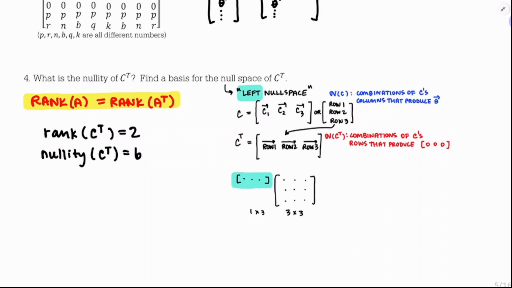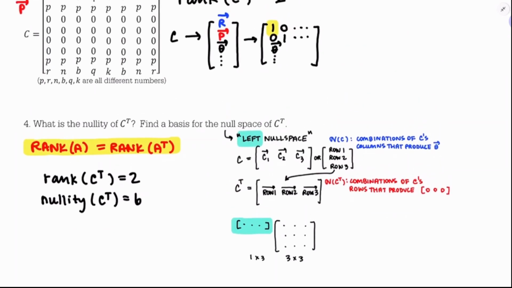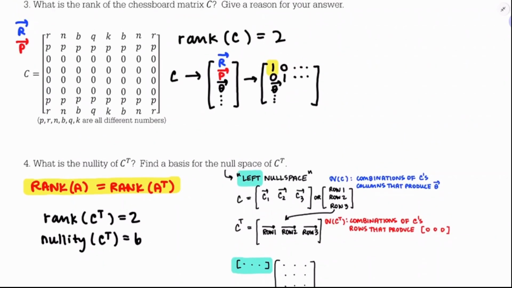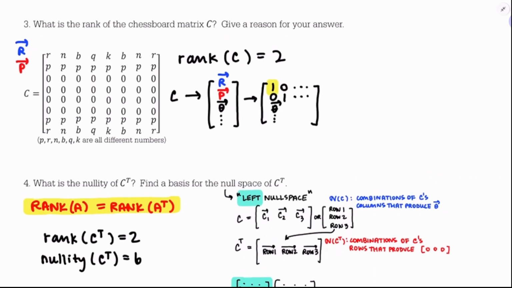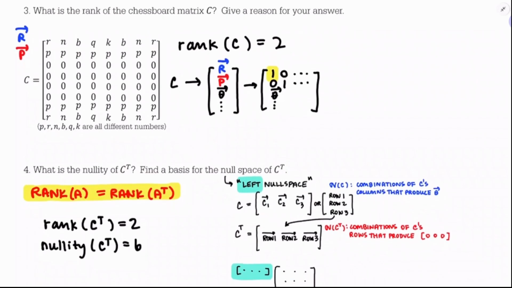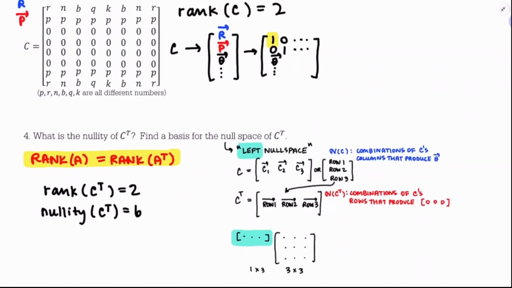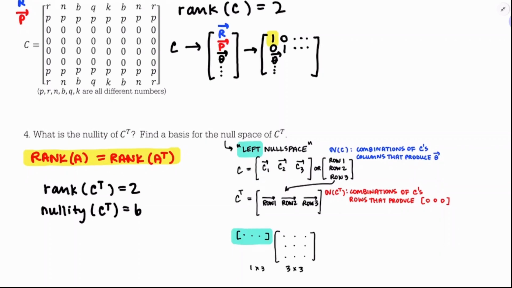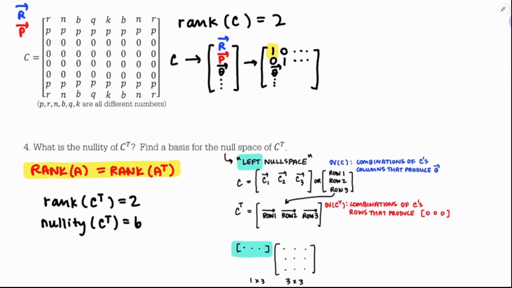So now back to the original task at hand. I need to find a basis for the null space of C transpose. What I'm going to do is think about all of the ways that I could combine the rows of C to get a 0 row, all the non-trivial ways. I'm going to continue to use that R and P terminology. The only thing I can't do is take 0 of all of them.